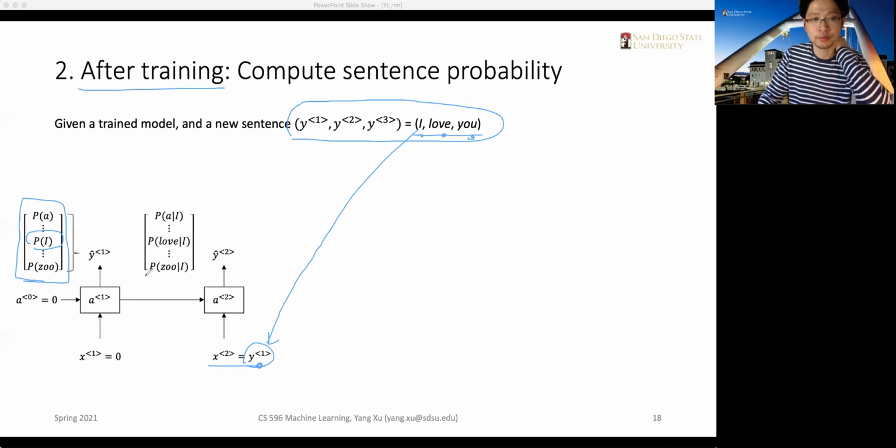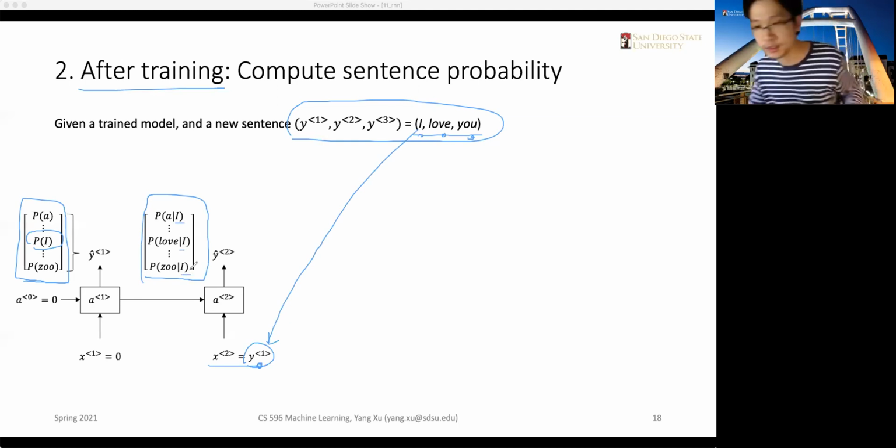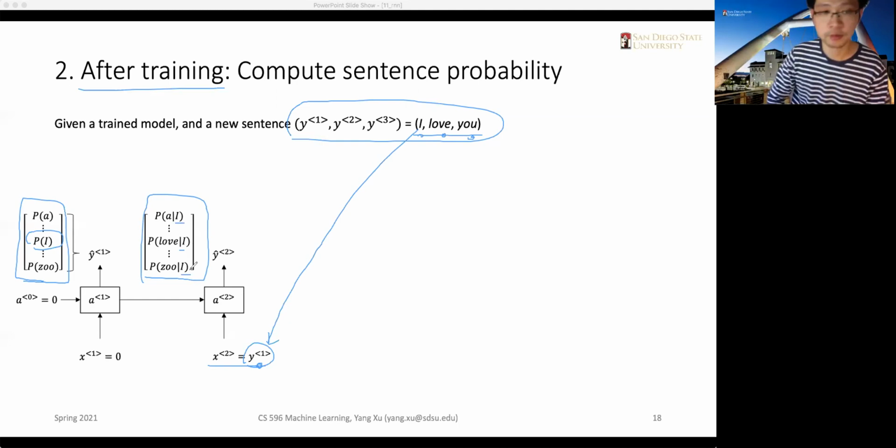And the output will be the probabilities for all the words, given that the first word is I, right? The difference is that here, it is after the training is done, so we are not using this probability to compute loss. There's no loss computed. There's no backpropagation carried out, okay?